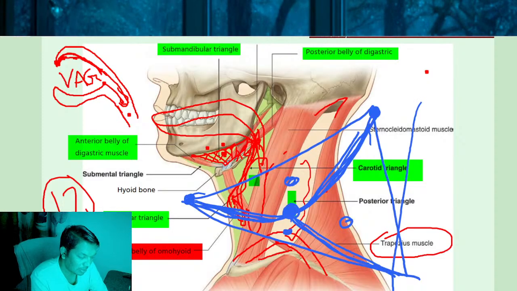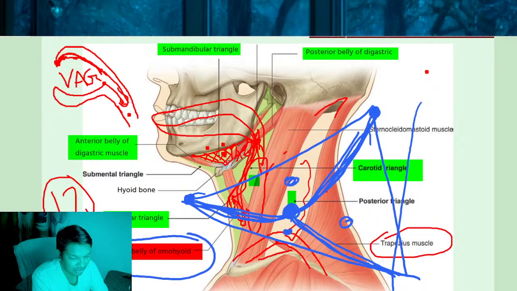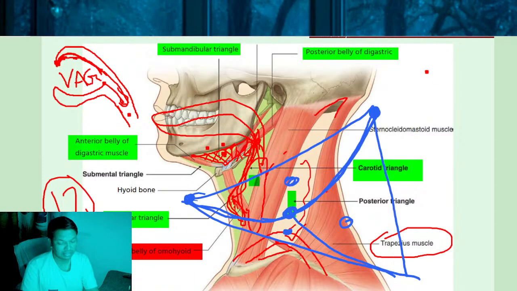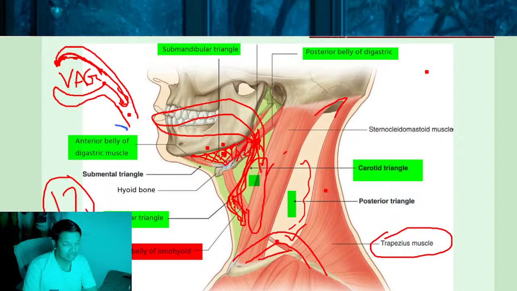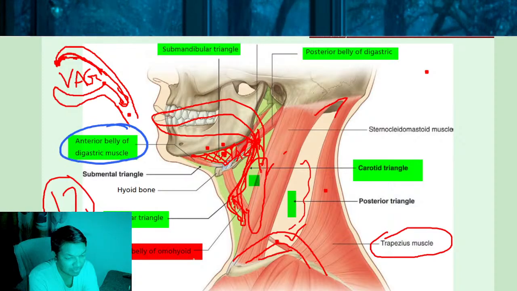So mainly in the anterior triangle we have the superior belly of the omohyoid, and the inferior belly we will get in the posterior triangle. So again, the anterior triangle of the neck is subdivided into 3 subgroups by 2 muscles, the digastric muscle and the omohyoid.